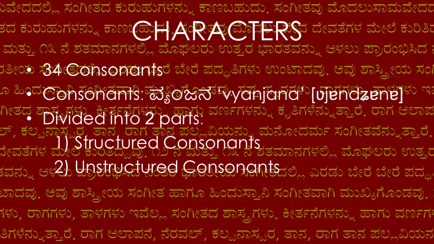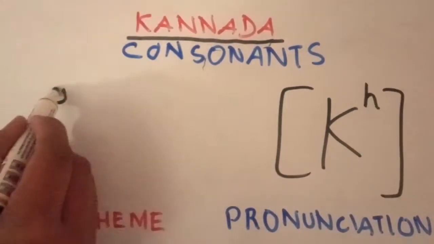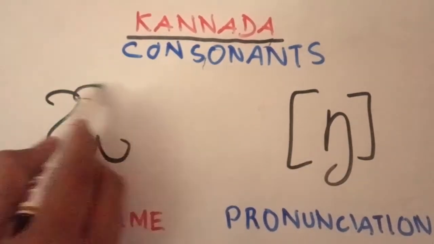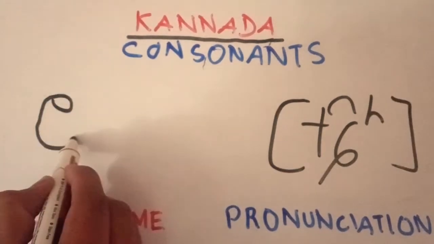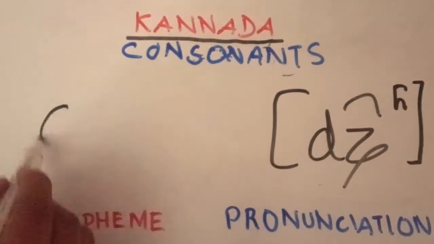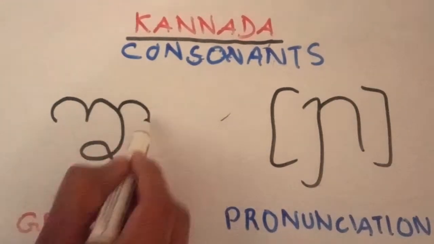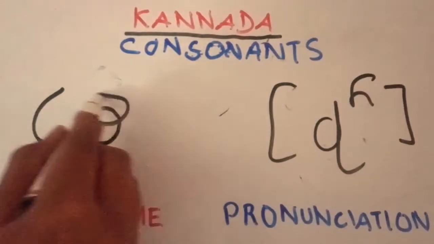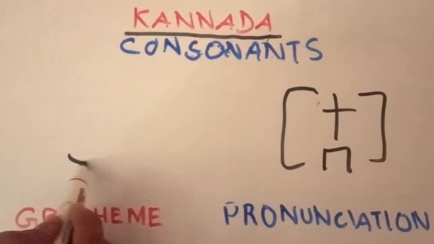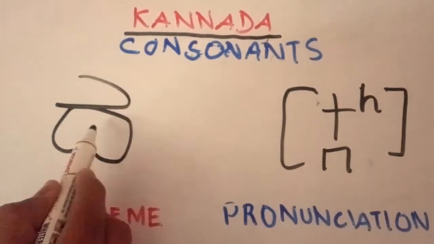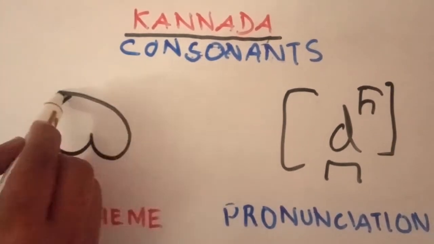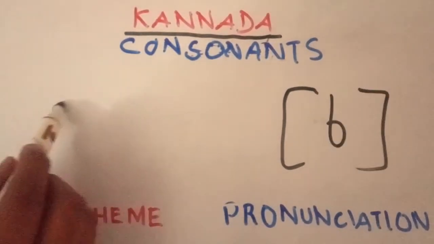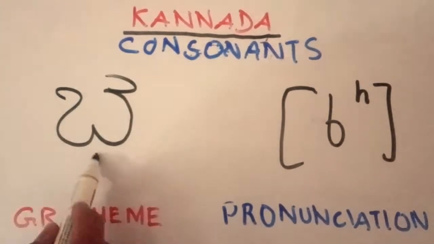The Kannada script represents characters for the consonants K, K, G, Gh, Ng, Ch, Ch, J, Jh, N, T, Th, D, Dh, N, T, Th, D, Dh, N, P, P, B, Bh, and M.